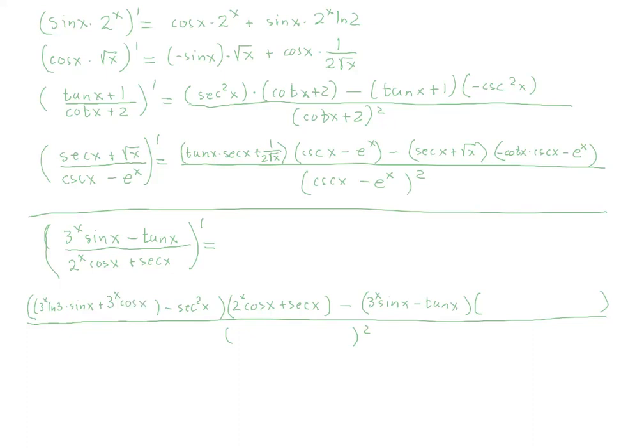And how about the second one? Well, let's put a product rule for the 2 to the x times cosine x. The derivative of secant x is tangent x times secant x. And now the derivative of 2 to the x is 2 to the x ln 2 times the second function.